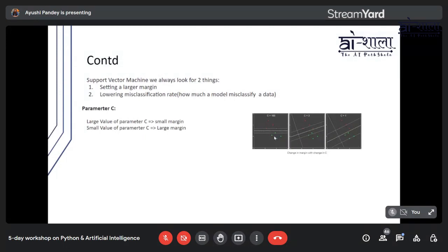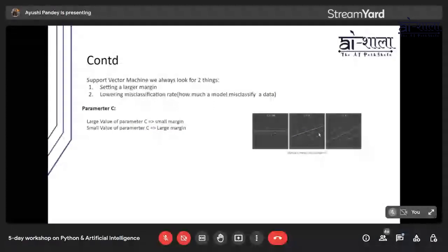The larger the value of C, the smaller the margin, because it is inverse, and the smaller the value, the larger the margin. With a narrower margin, less data is under the margin; with C equal to 1, more data is in the margin. Our main goal is that our margin should be bigger.